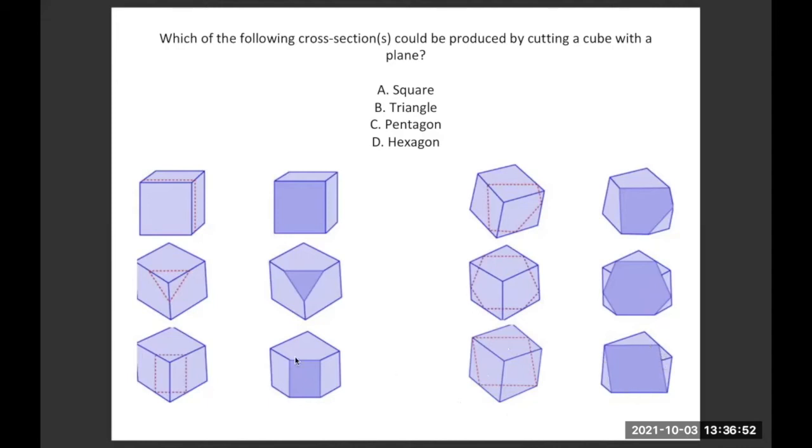So even if rectangle or rhombus were given in the options, all the options were correct. If you cut a cube using a plane, you get a square, a triangle, a pentagon, a hexagon, a rhombus, a parallelogram, and a rectangle.